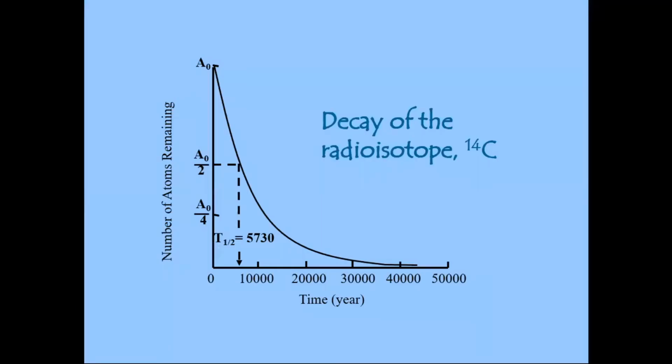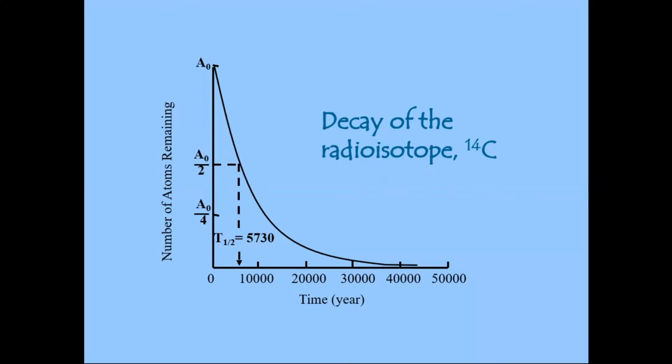Once the organism dies, the carbon-14 decays in the known way with the known, we call it half-life. That means that after the 5,730 years that's put there, half of the radiocarbon that we started out with has gone.